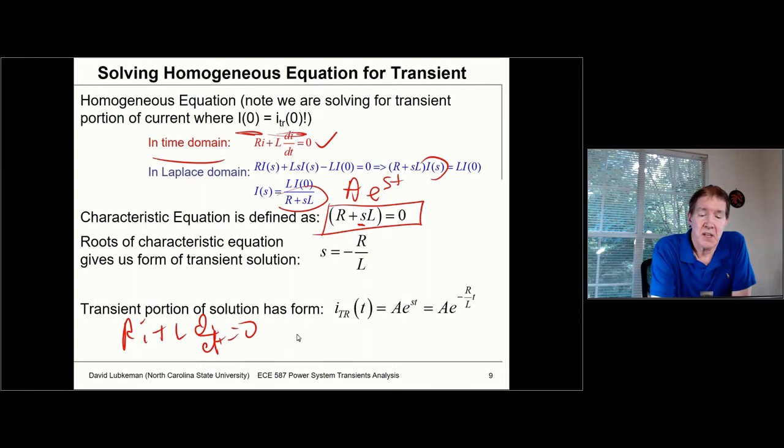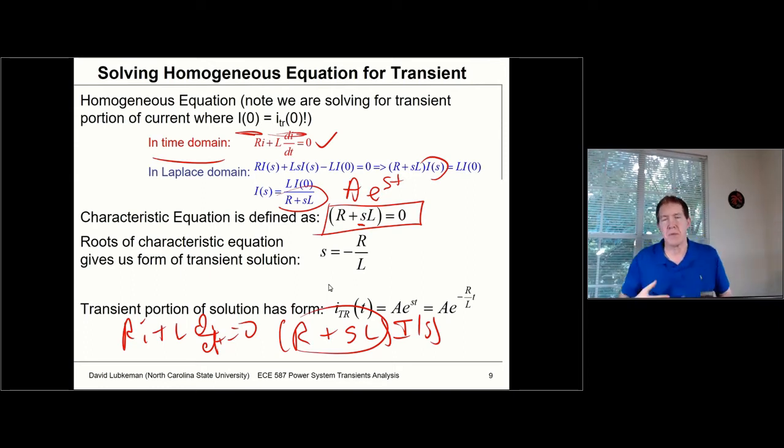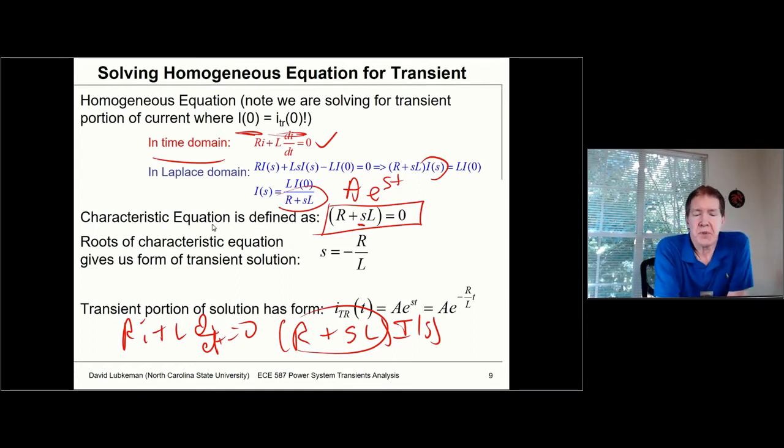So you're going to have R plus, with that derivative in there, sL, all being multiplied by I(s). If you want to come up with the characteristic equation, one simple way is to take all the derivatives and substitute s. So in this case, the characteristic equation is R plus sL equals 0.